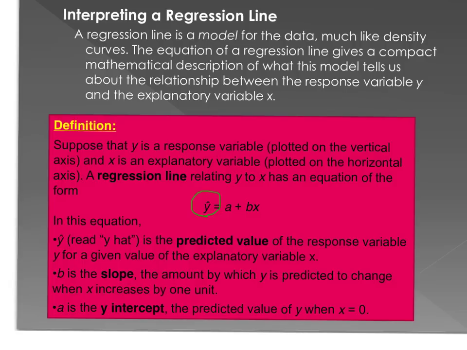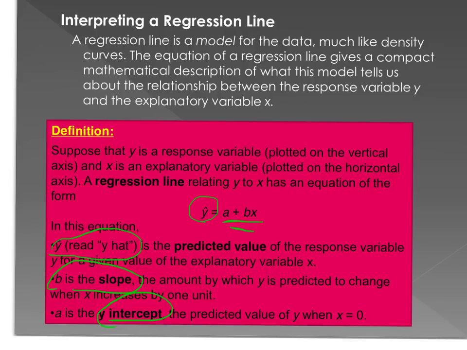We use y hat to represent the predicted value, which is the equation of the line, because the line is a prediction. And it's in the form a plus bx, a being the y-intercept, and b being the slope. I know in algebra you learned that as mx plus b, and b was the y-intercept. In statistics we use the letters a and b, where a is the y-intercept, and b is the slope. So again, make sure you record this in your notes.